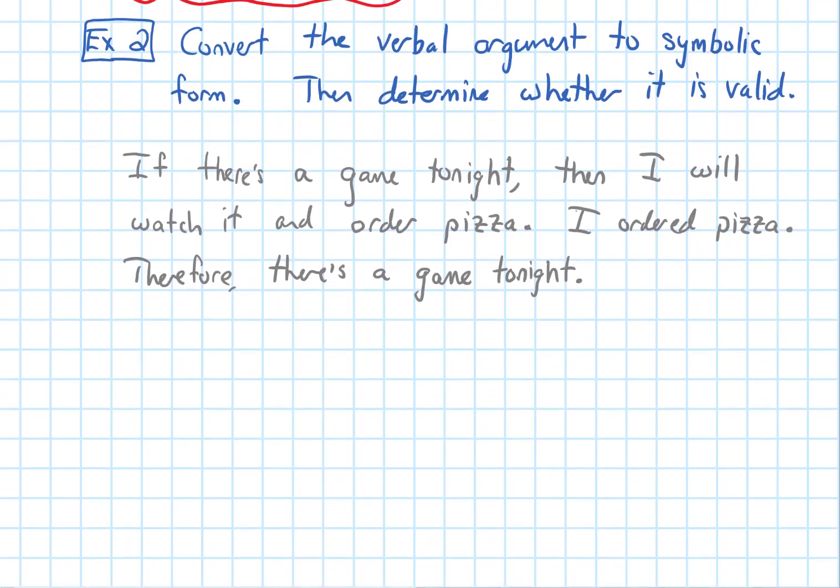Alrighty, so I need to convert this to symbolic form, so let's first assign some letters or labels to the propositions. So this talks about there's a game tonight. I'm going to call that G. G is going to be the proposition there's a game tonight.